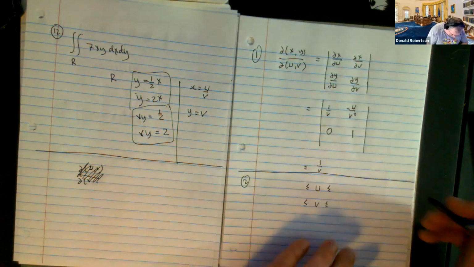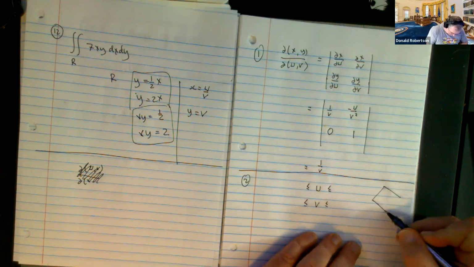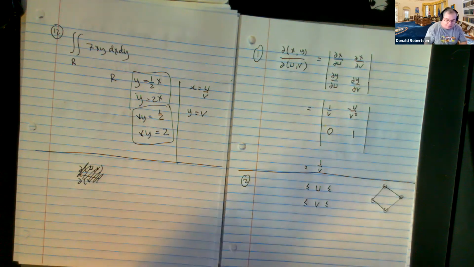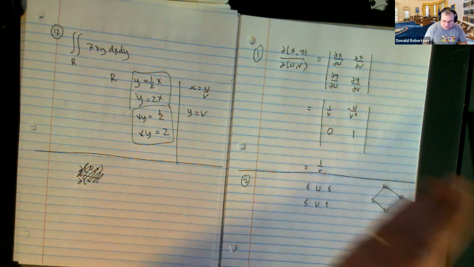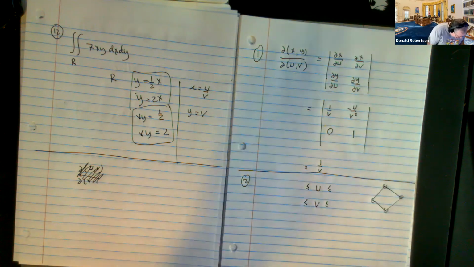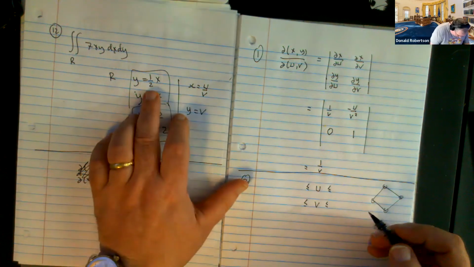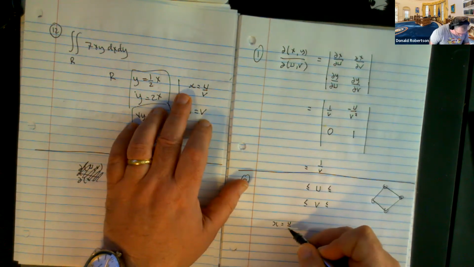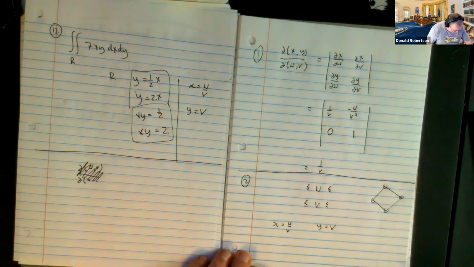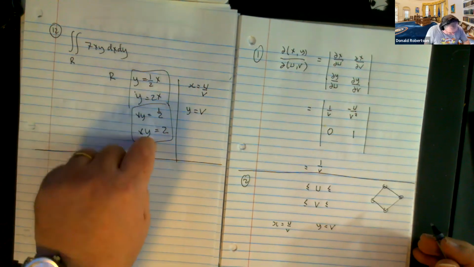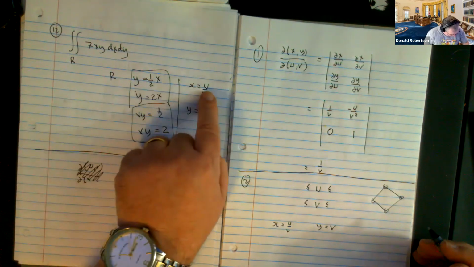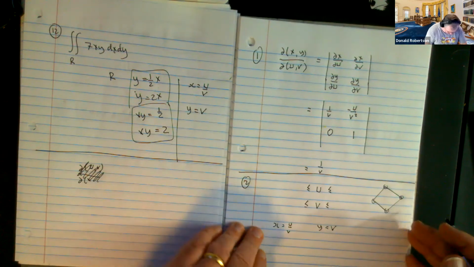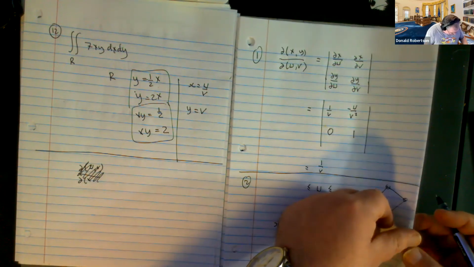When it was one of those four-sided shapes, we just found the equation of all the lines. I don't have that information here, but I do have x equals u over v and y equals v. So if I take each equation and replace the x's and y's with these, I should be able to get the limits of integration out of that.